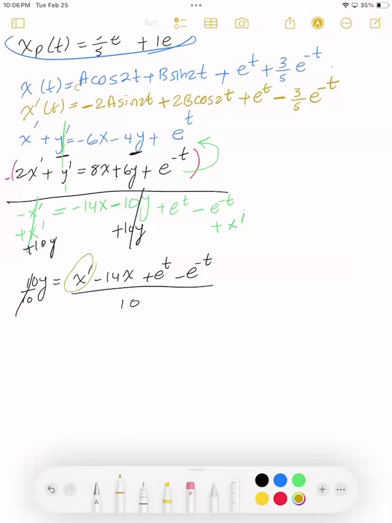So let's substitute everything here. This x prime is, and I'm going to write this 1/10 over here. It makes the algebra easier. So I put minus 2a sine of 2t plus 2b cosine 2t plus e^t minus 3/5 of e to the power negative t.